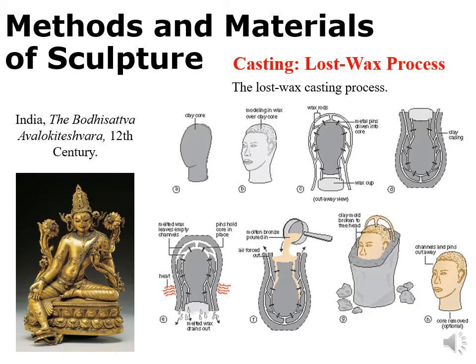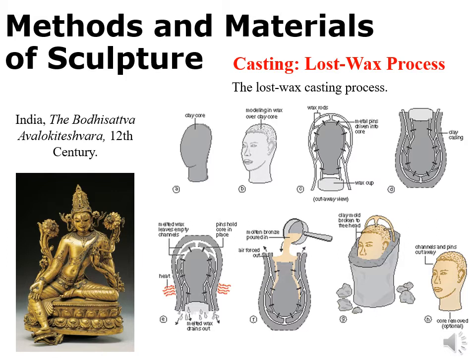And then another method is the lost wax process. And that's getting into casting. So as you follow along here, up on A, you start off with the core, some type of solid mass, so that the whole piece is not always solid.